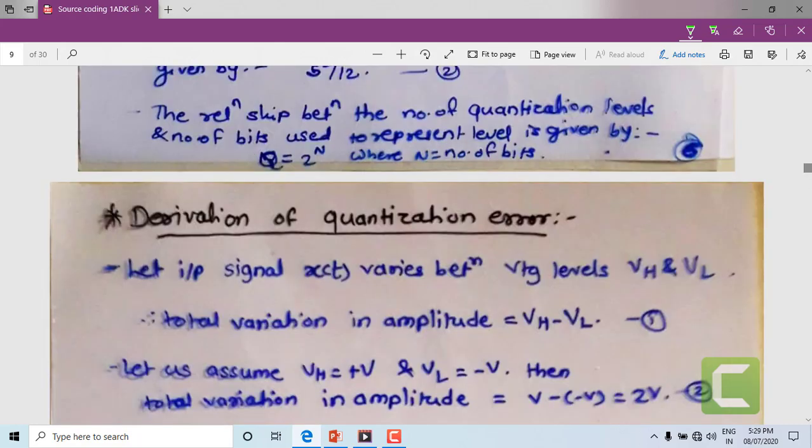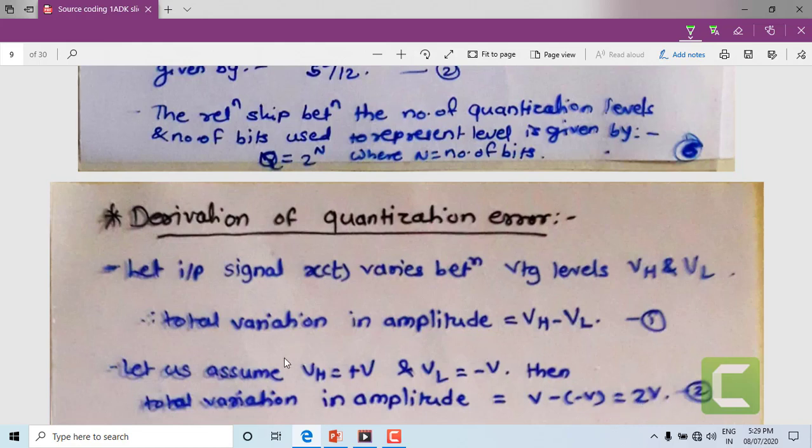Now we will move towards the derivation of quantization error. To start with this derivation, again we have to consider one time domain continuous signal whose value varies between the levels of VL and VH. So the total variation occurring in the amplitude for the applied signal will be calculated as VH minus VL. Now let us assume that VH is equal to plus V and VL is equal to minus V. Then the total variation in the amplitude will be obtained as 2V.